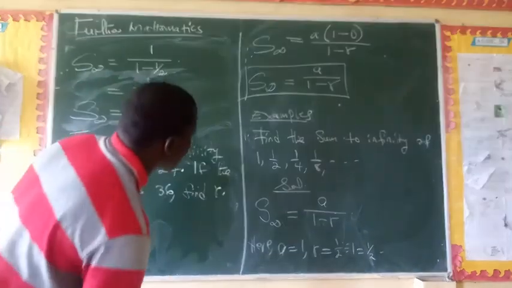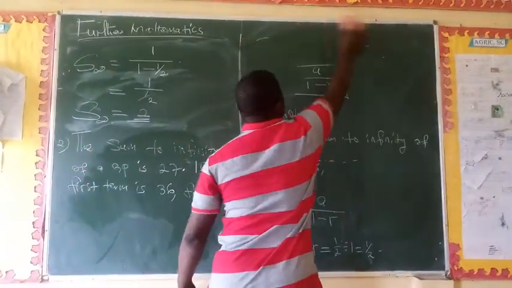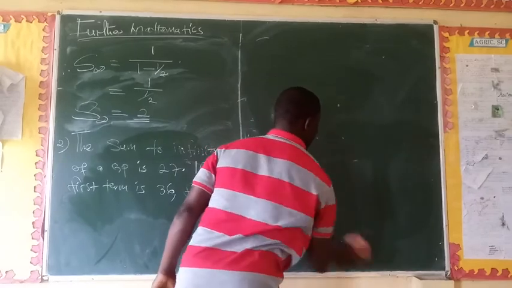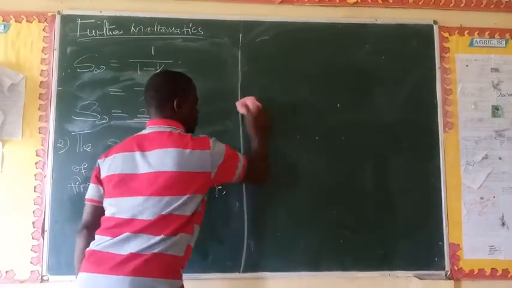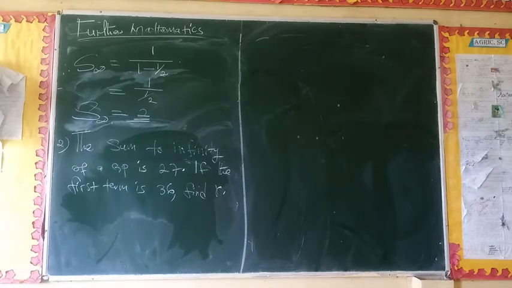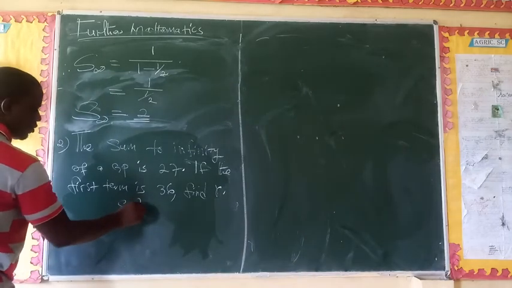So this is what we're going to do now. The sum to infinity of a GP is 27. If the first term of the GP is 36, find R. So in this case, we quote the formula.